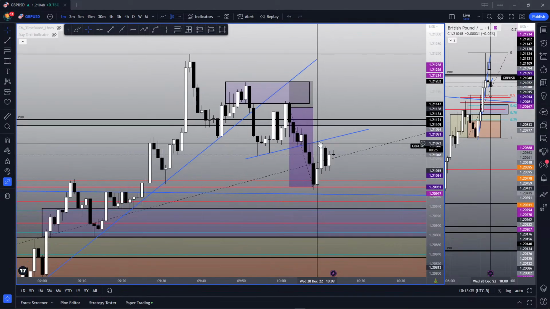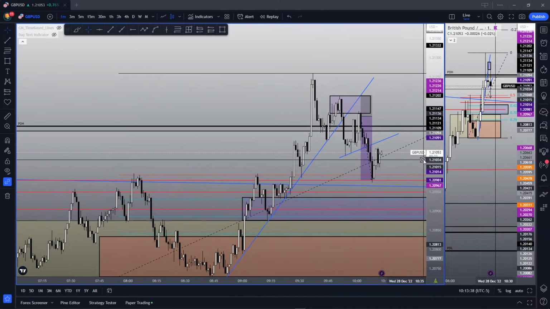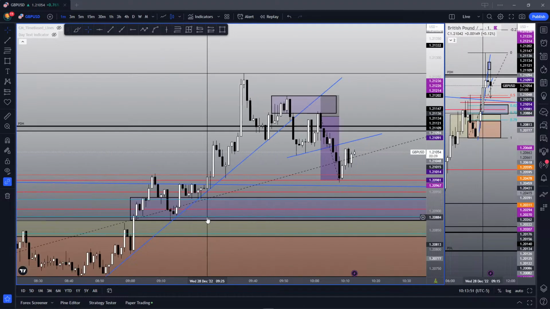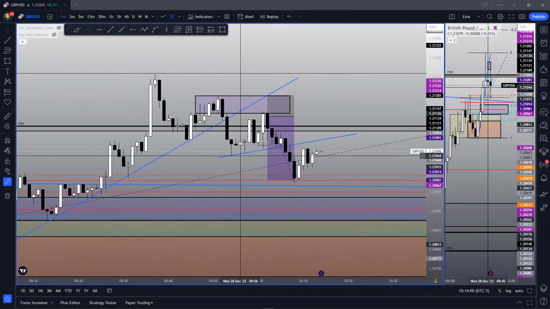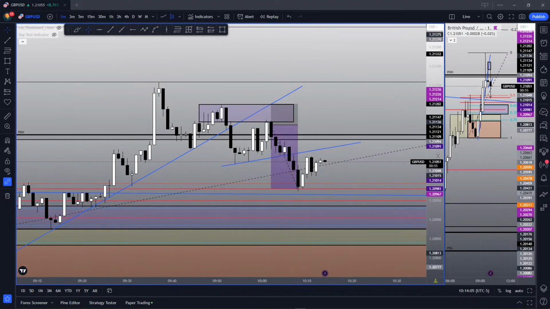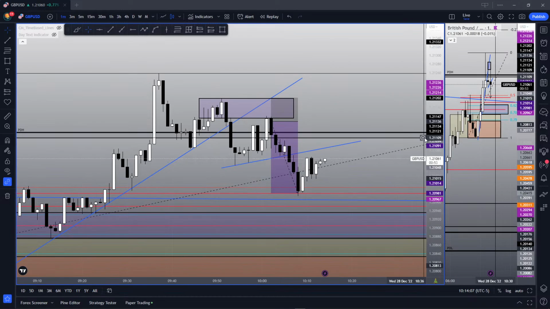Let's see how price is climbing up from there. No, the exact point didn't really go all the way up to the full interest area, but I say I need more backtests.